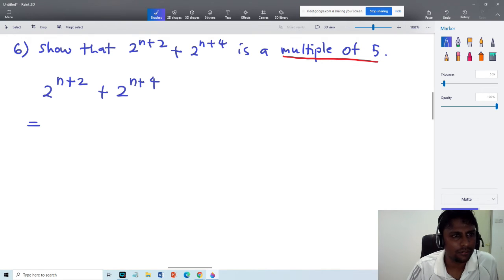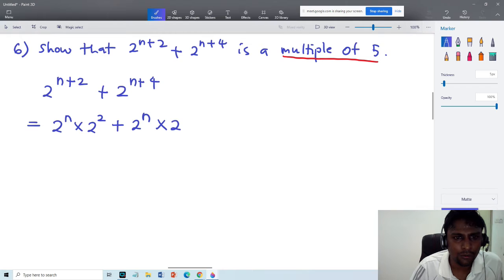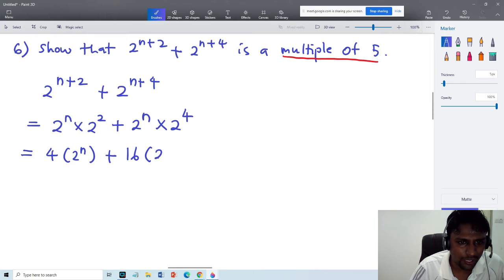Okay, if you see, you get 2^n times 2 to the power of 2 plus 2^n times 2 to the power of 4. So 2 squared becomes 4 times 2^n plus, and then 2 to the power of 4 becomes 16 times 2^n.